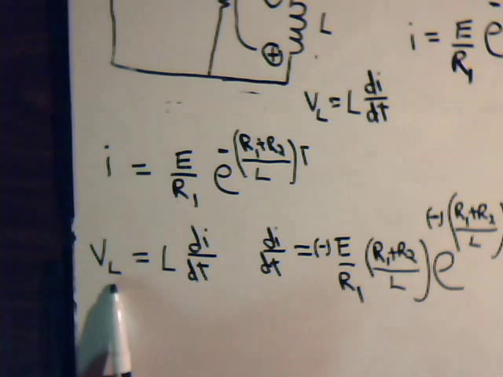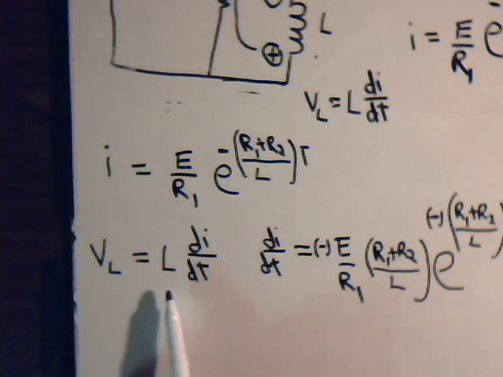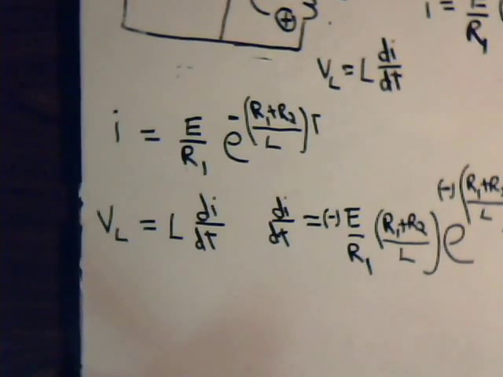Now the voltage drop across the coil is just this times L. So let's write it all out.